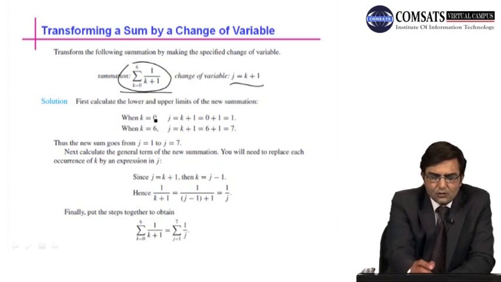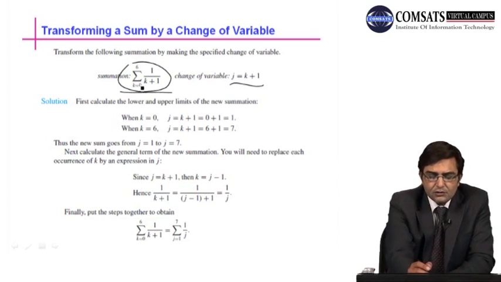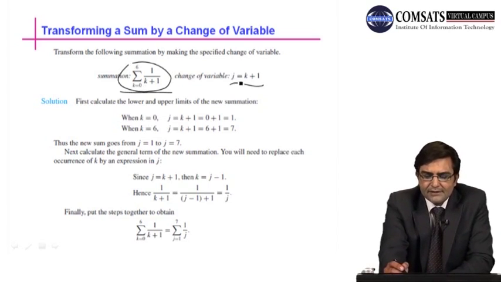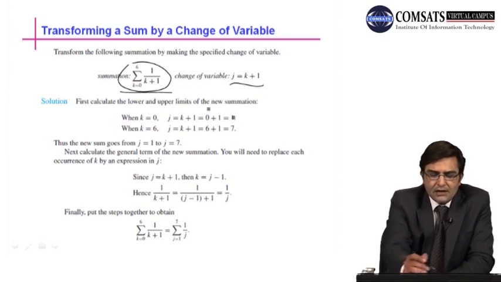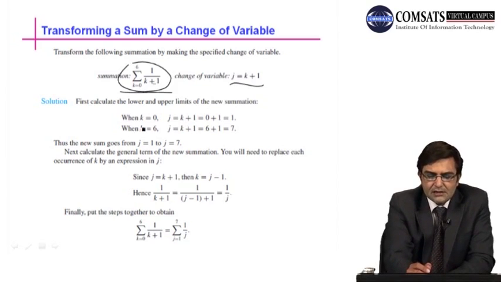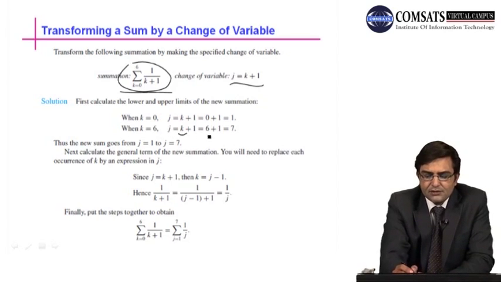When k is 0, the lower limit, if we replace k plus 1 by j, then putting 0 here, j becomes 1. Now the upper limit, k equal to 6, by substituting k equal to 6, j becomes 7.